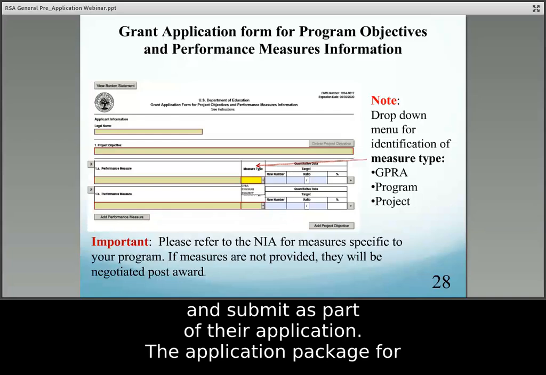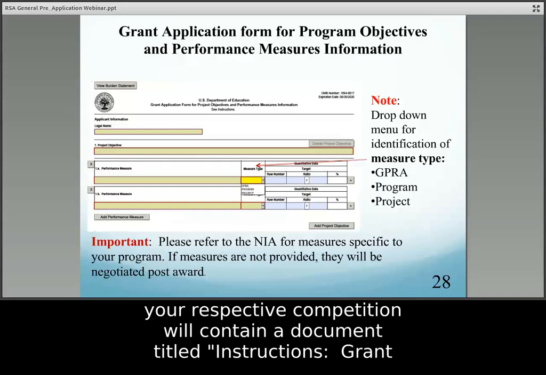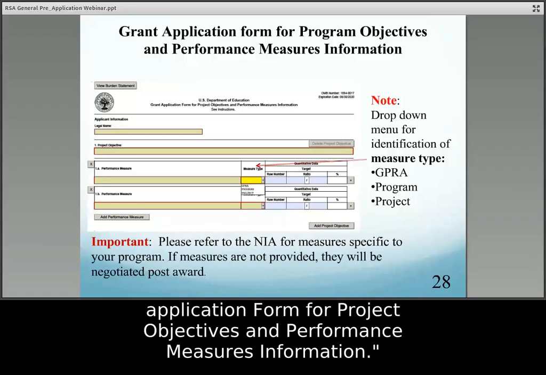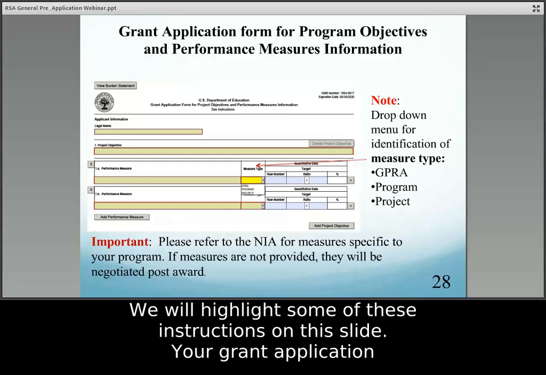The application package for your respective competition will contain a document titled Instructions, Grant Application Form for Project Objectives and Performance Measures Information. We will highlight some of these instructions on this slide.